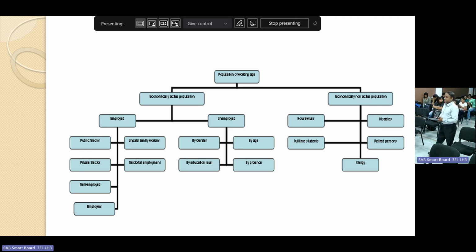From the working age population, we have to deduct the economically non-active people, those who are not in the labor force.